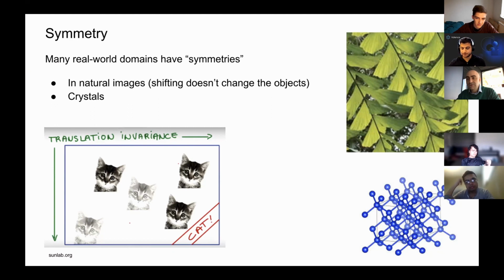Maybe it's shifted or rotated or something. You still want to be able to match those patterns without having to relearn new patterns, basically new feature maps for every shifted version. So based on that idea, people think that using symmetries is basically going to help with generalization and reduce the amount of parameters that you need.